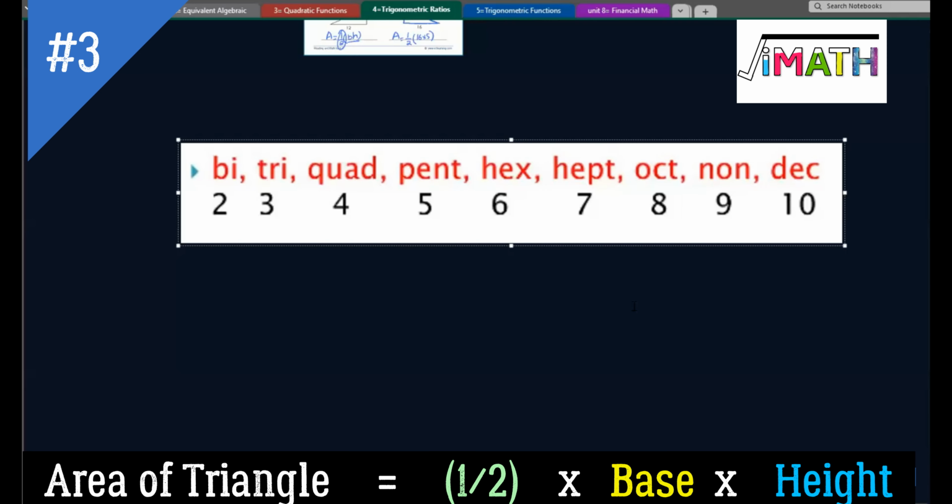Can you give me the numbers from 2 to 10 in the Latin prefixes form? Don't forget to say thank you at the end.